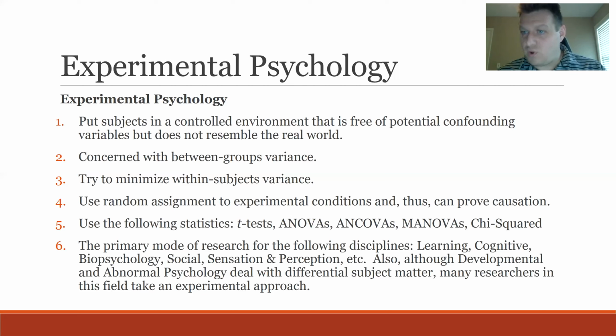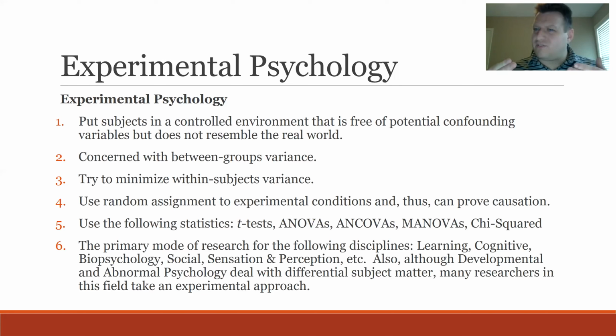Okay, we have one group of 3-year-olds, another group of 4-year-olds, and we try to see if there's a difference in some way. That's more of an experimental approach. It's not a true experiment because we're not using random assignment. You can't randomly assign a kid and say, okay, today you're going to be 4 years old, and tomorrow you're going to be 3 years old. That doesn't work.